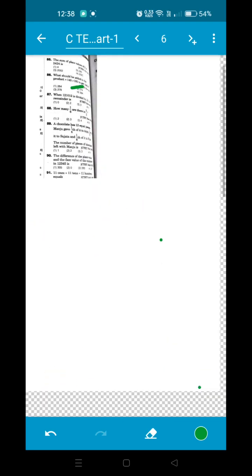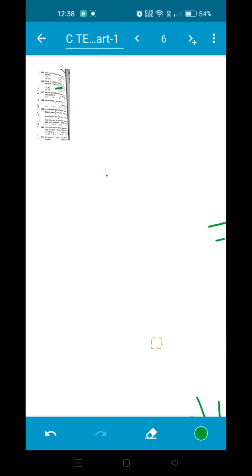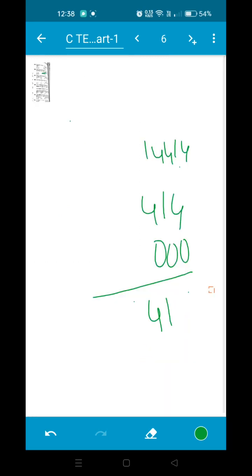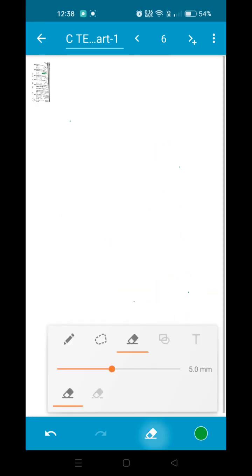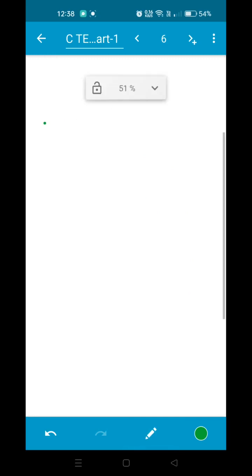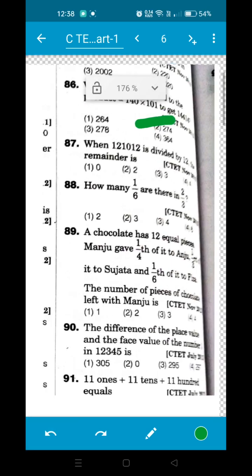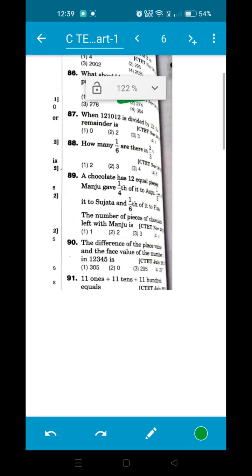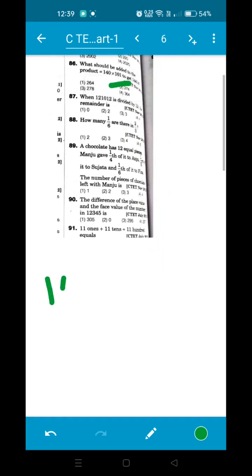So 140 into 101, we need to multiply this.